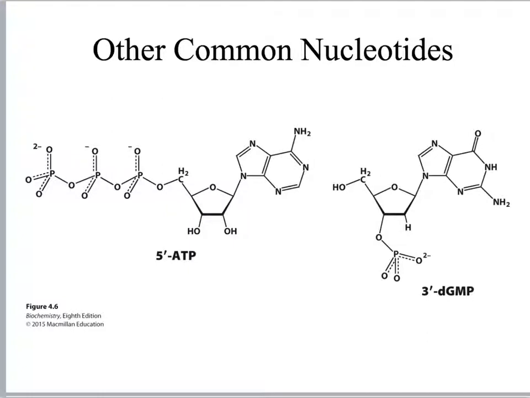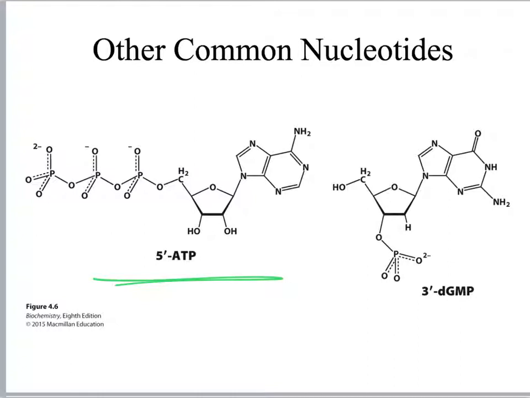And while we like to think of these nucleotides in terms of the DNA and RNA structure, there are other common nucleotides that exist. One of the most common nucleotides in biology is ATP. Not only is ATP the source of the building block for RNA, it's also involved in energy currency. So it's the major energy currency of the cell.